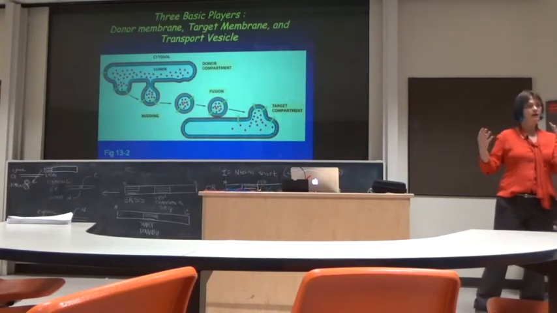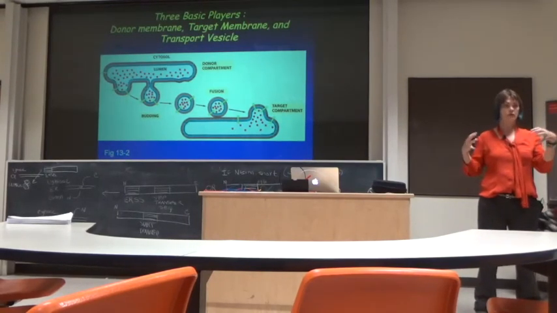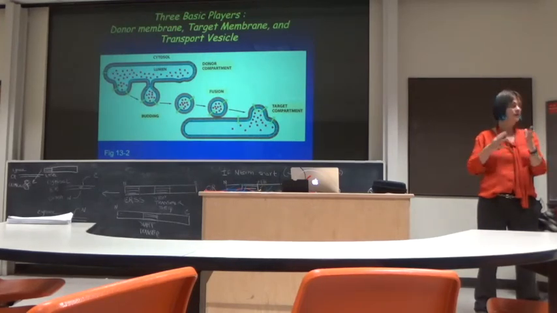So as we talked about translation into the ER, we were very specific. Now as we talk about vesicle transport, I'm going to talk about just the best studied example of each of many of these, and we won't talk about each of those separately because there are things in common.